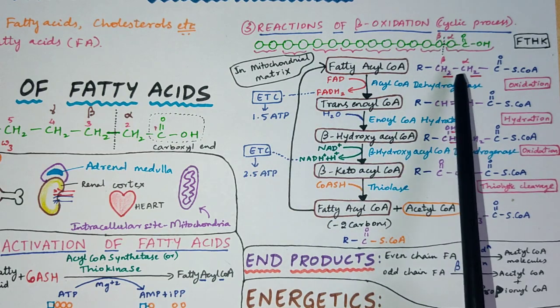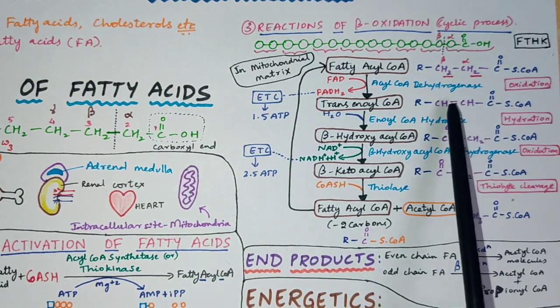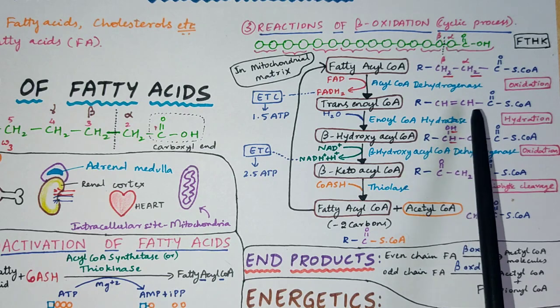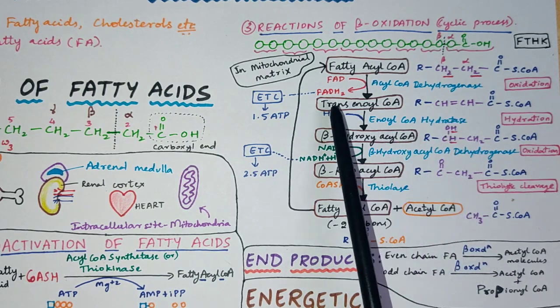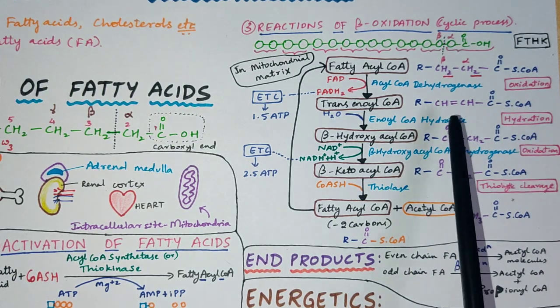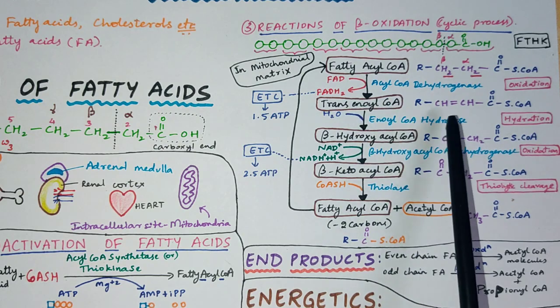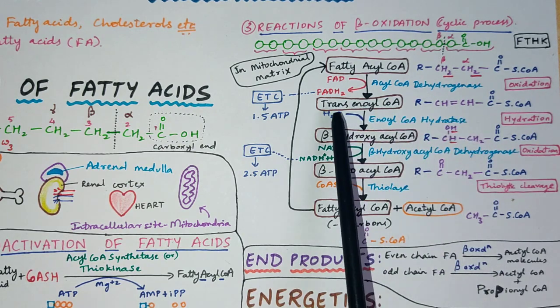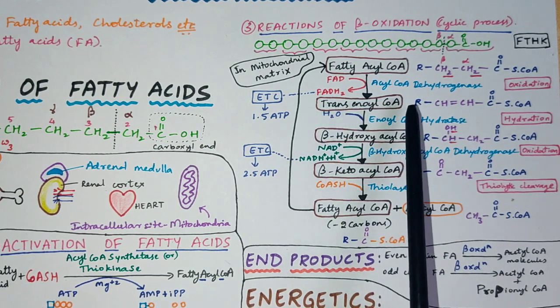After this removal there is formation of a double bond and this is a trans structure. So we can name it trans-enoyl-CoA. There is a CoA group and there is a double bond here. So it is ene and it is in trans form. So it is named trans-enoyl-CoA.